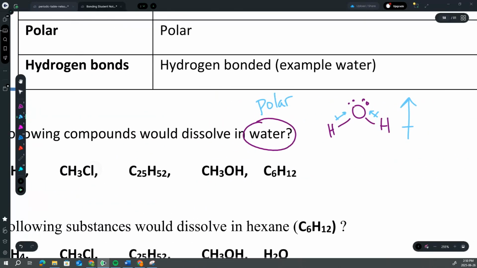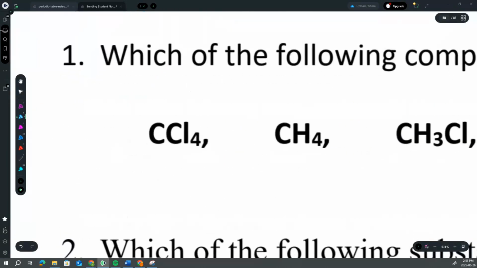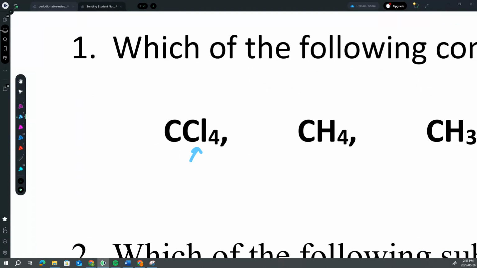All right, so let's look at our options and see what's polar, what's nonpolar. Looking at all of these compounds here, they're all carbon-based. The rule with carbon-based compounds that we've talked about in an earlier lesson is carbon with only one other thing is going to be nonpolar, but carbon with two or more other things is going to be polar. So let's apply that rule. Carbon is with chlorine, so carbon is with only one other thing.